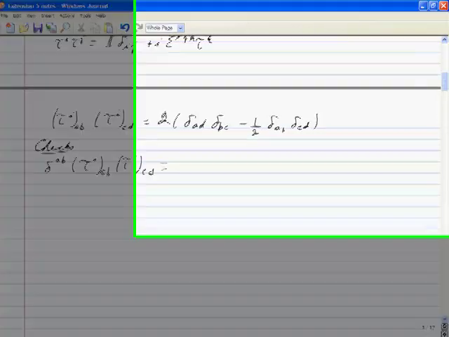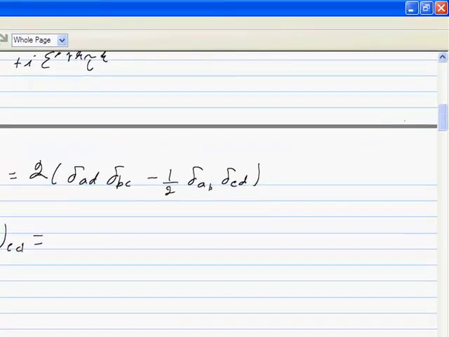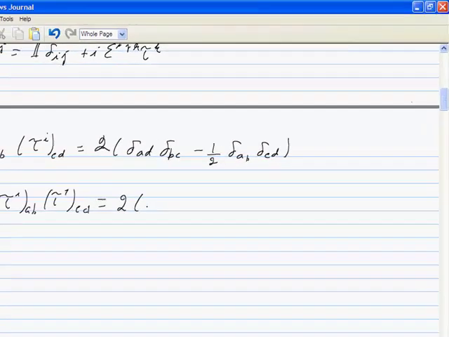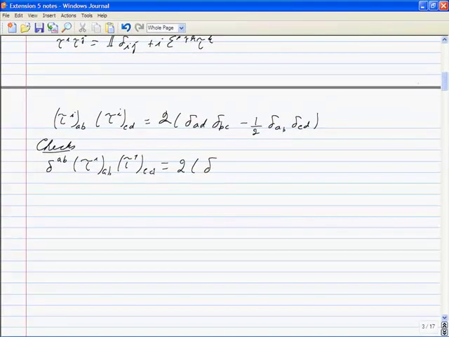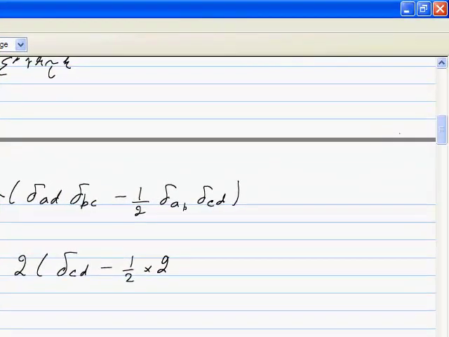On this side of the equation, you know that it has to be equal to 0 because they're traceless. On the other side, if I sum over delta AB, that first term becomes 2 delta CD minus 1/2 times 2 delta CD, which equals 0.